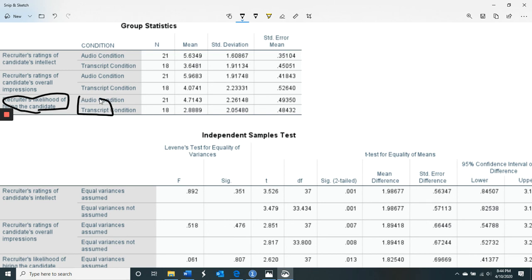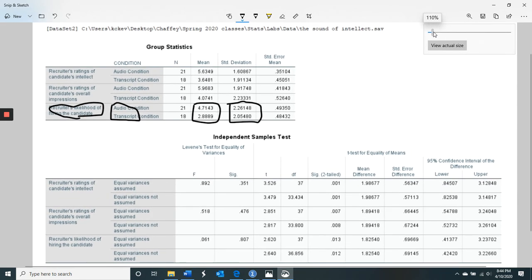Again, comparing audio versus transcript. We have the means. If we just look at that real quickly, it's 4.71 versus 2.89. Looks like a pretty big difference. And then we have the standard deviations here. But again, we can't just eyeball it. We have to look at the t-test. But we know that audio is greater than transcript by just looking at that.